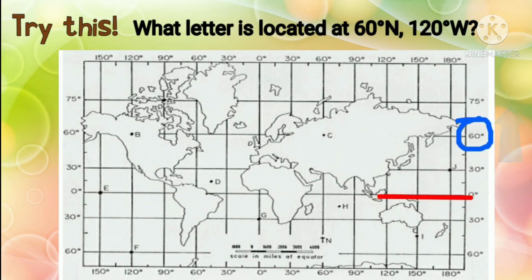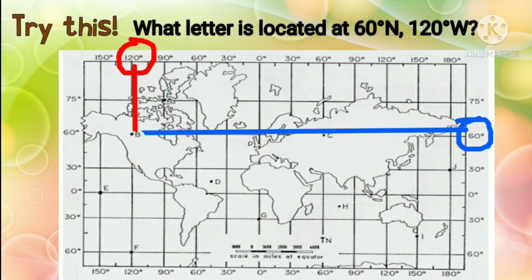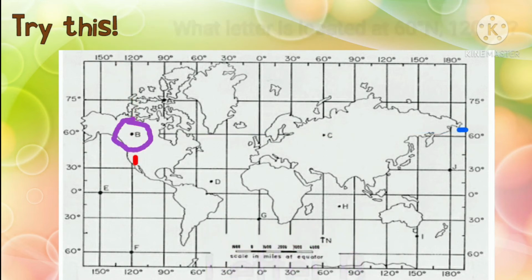Next, locate 120 degrees west. 120 degrees west is at the left side of the prime meridian, so it's here. Then draw a line to connect where the 2 degrees intersect. So the answer is letter B.